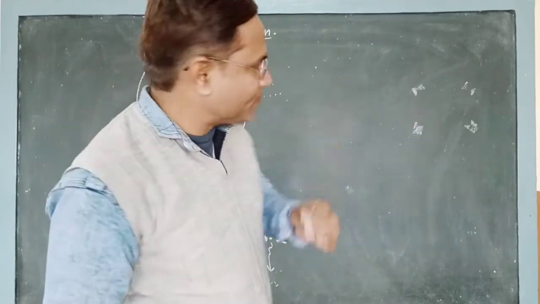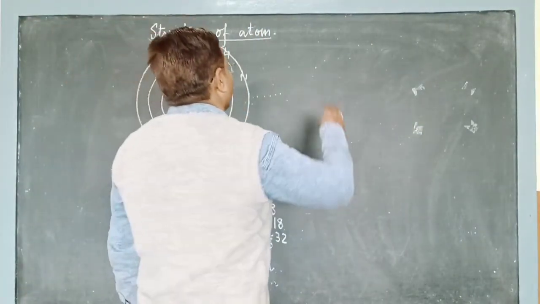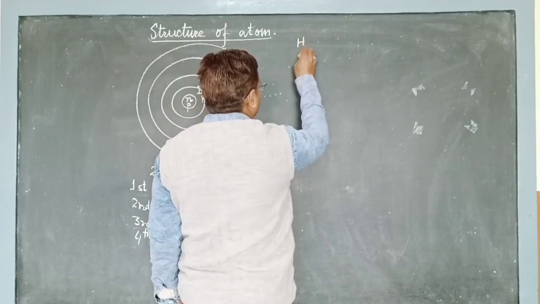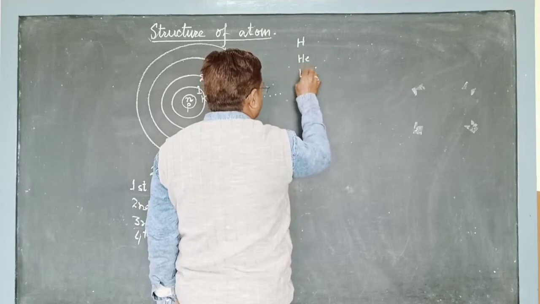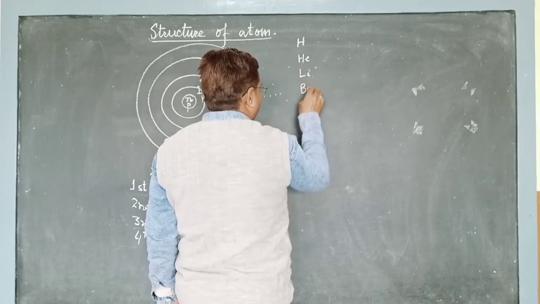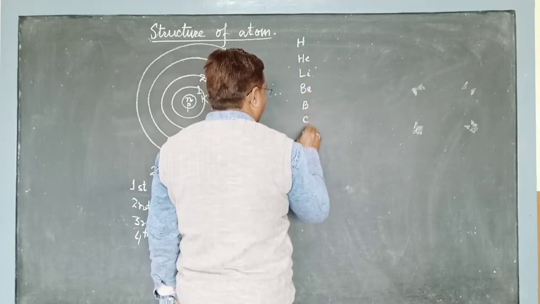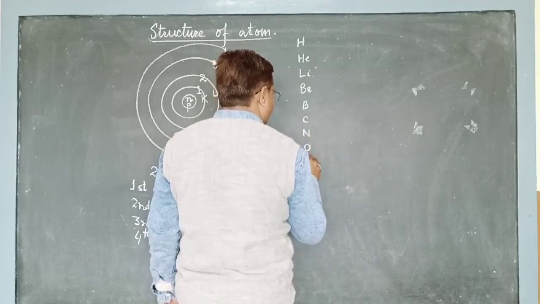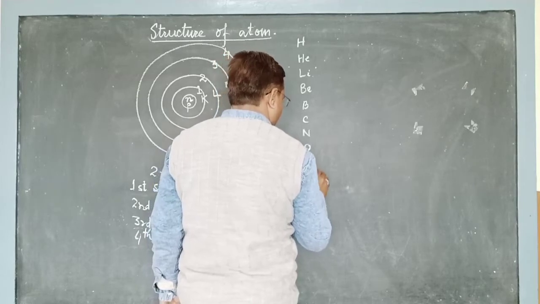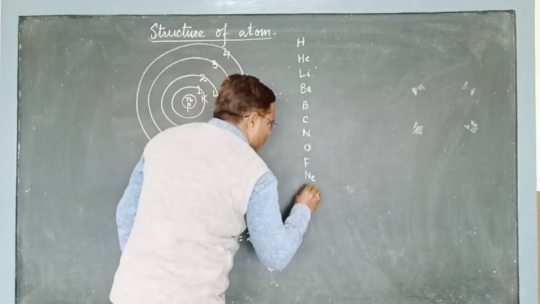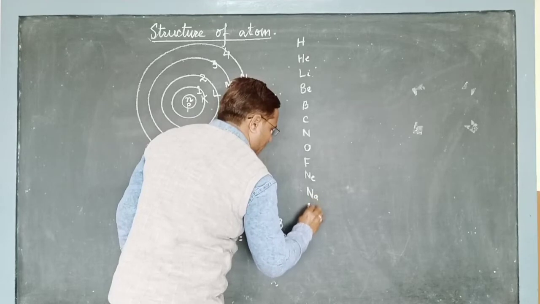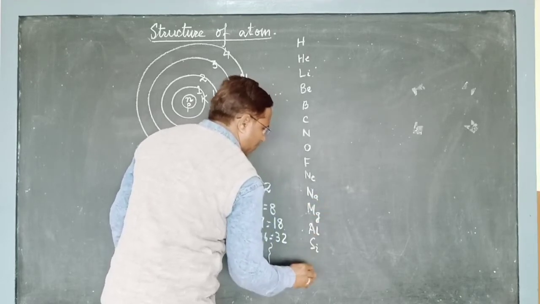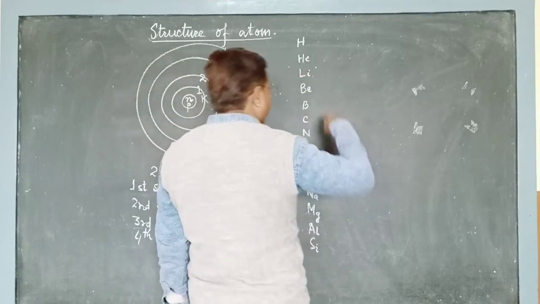First we have hydrogen, then helium, lithium, beryllium, boron, carbon, nitrogen, oxygen, fluorine, neon, sodium, magnesium, aluminium, silicon, and after that I will write when I rub this part.